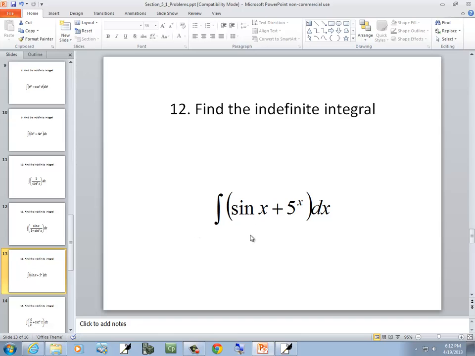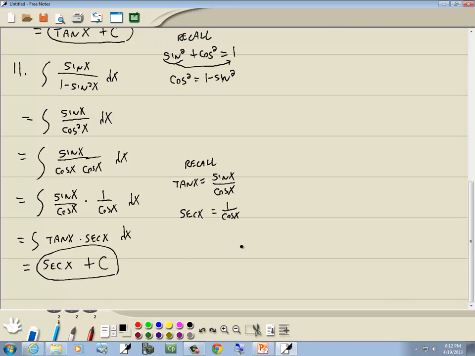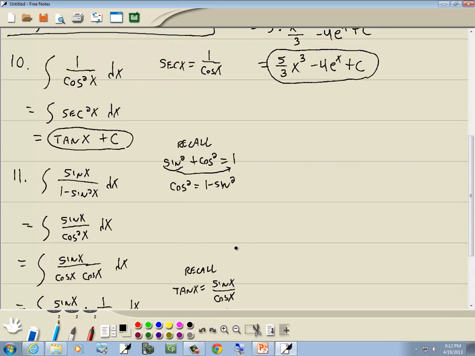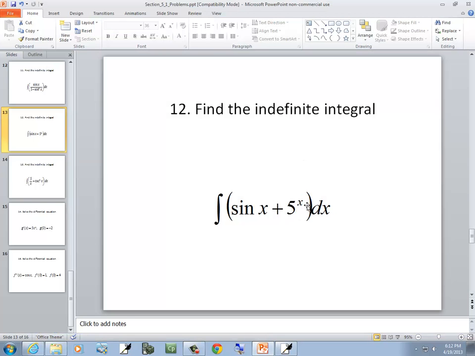Now this one is another formula we'll take a look at. Of course, sine I already wrote down. This one you don't see as often. Now here, see, we got 5 to the x power.